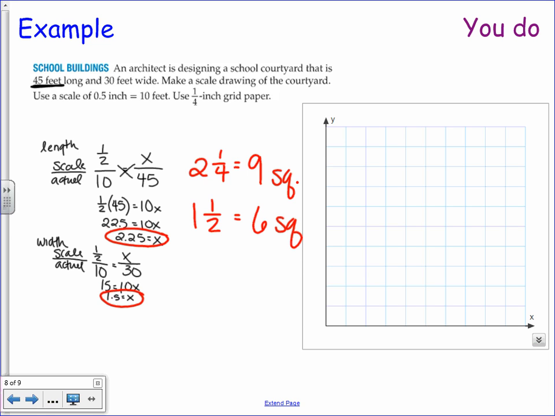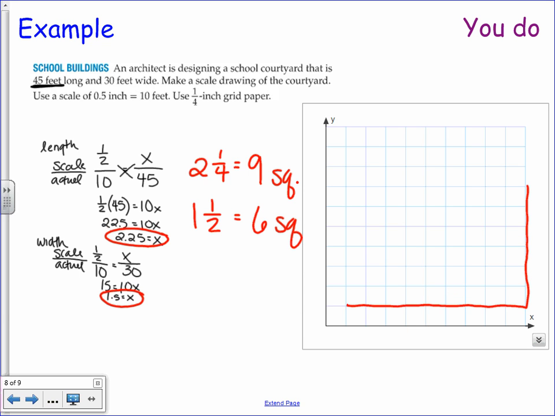All right, so if our length is 9 squares, we'll come over here. We go 1, 2, 3, 4, 5, 6, 7, 8, 9. And we go up 6. 1, 2, 3, 4, 5, 6.